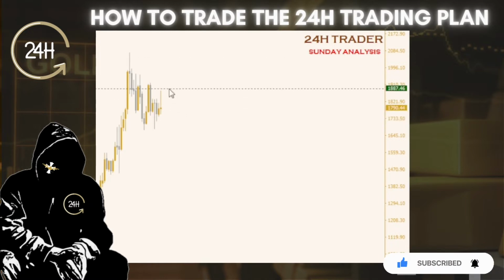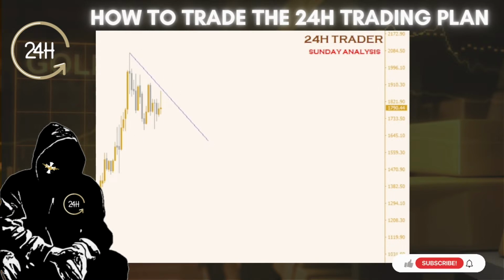Okay, so let's start from the monthly time frame. You can see that the market is currently creating a very strong move, and most likely it will continue to fall even further on the bearish trend on the monthly time frame.